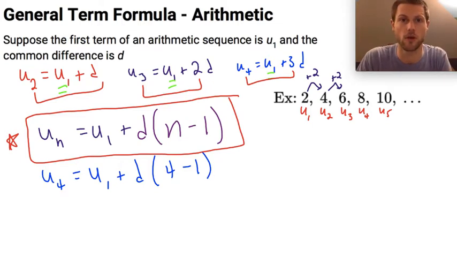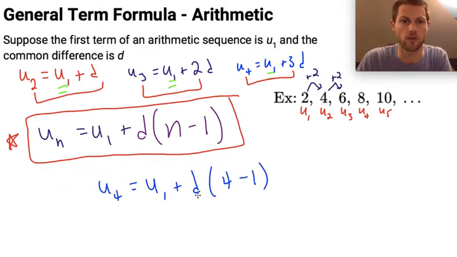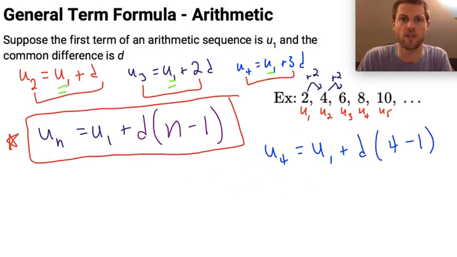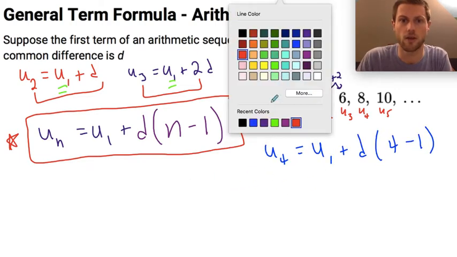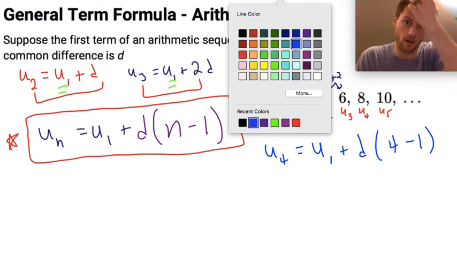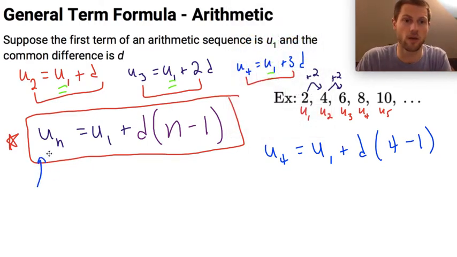And I'm also going to throw some arrows pointing to specifics. So in this formula here, this is going to be any term at the n place.